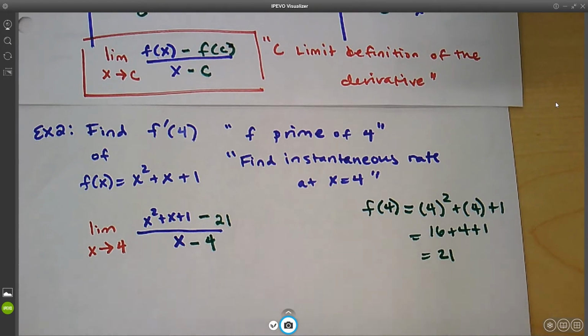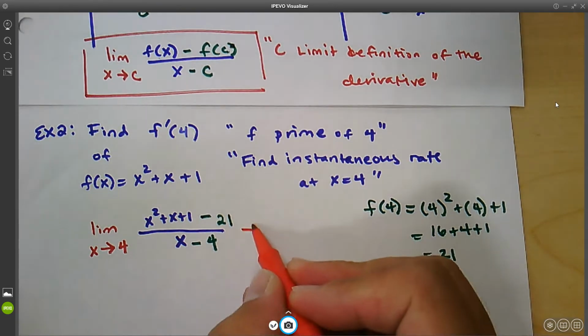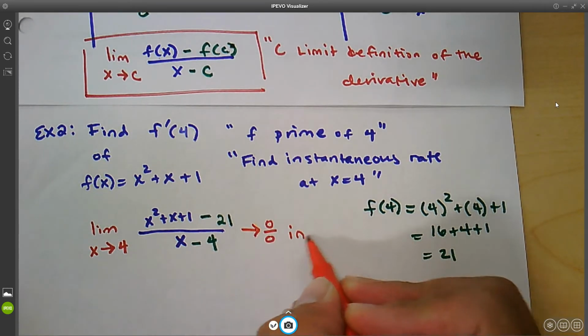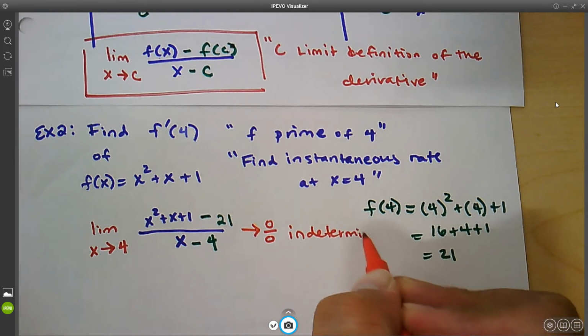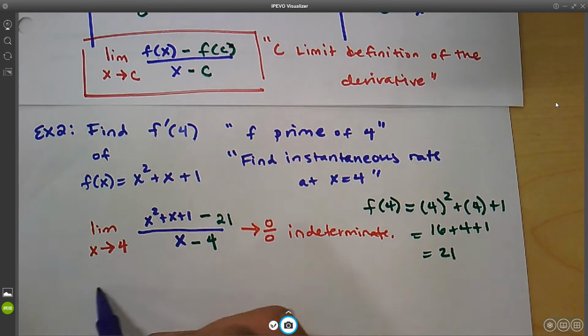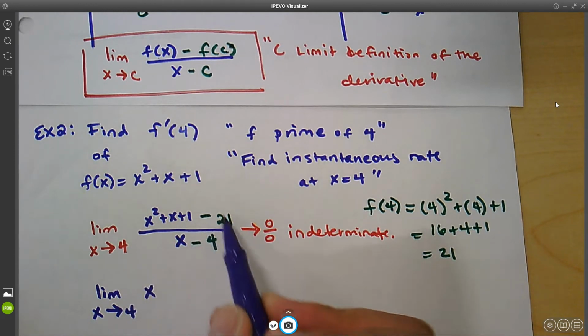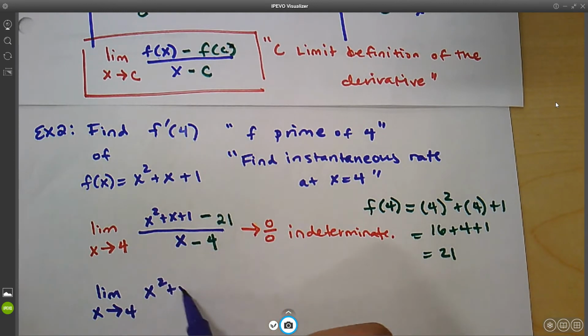Okay, so we just have to clean this up. It will result in a 0 over 0 indeterminate because we set it up to be like that. So we just have to simplify. Okay, so simplifying this, we'll start with first combining the constants here.